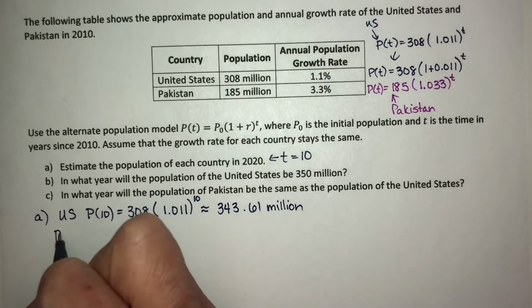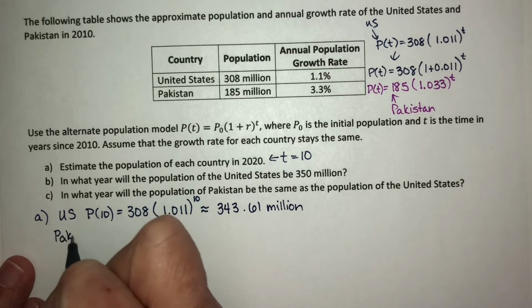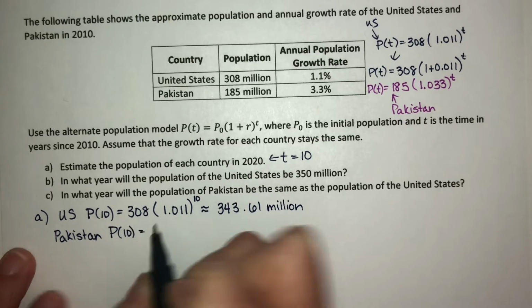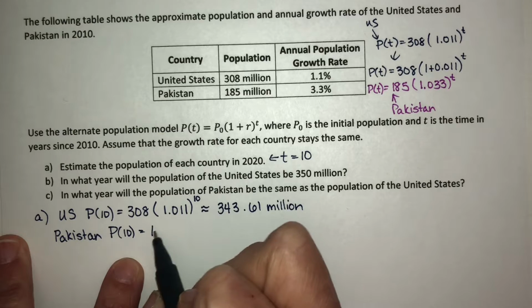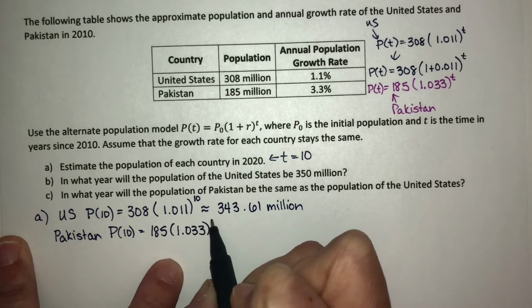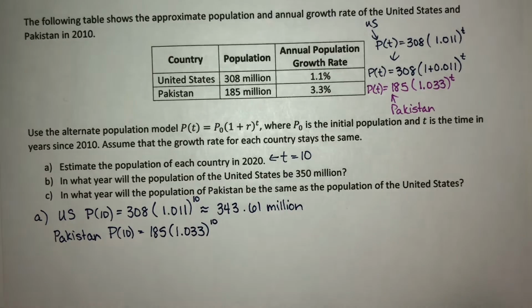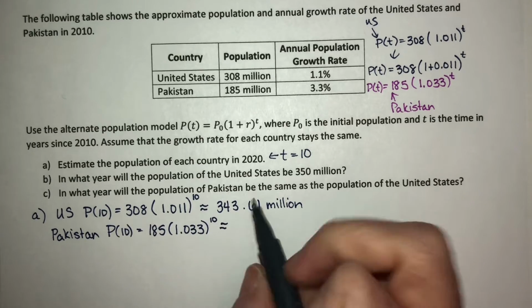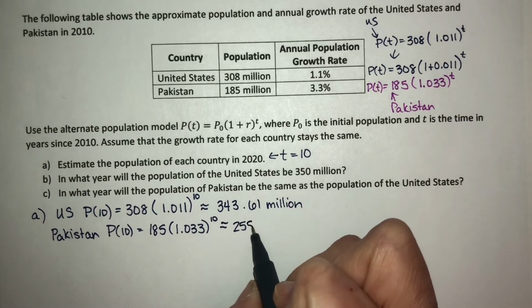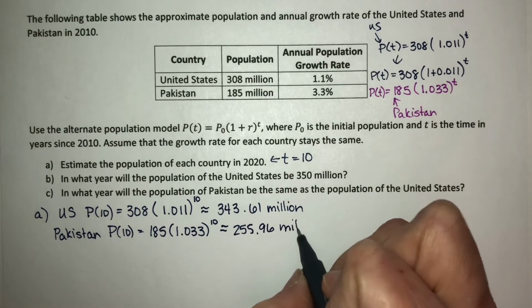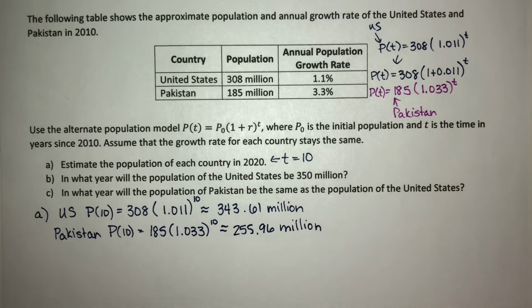Then for Pakistan, if I find P of 10 using its equation, I will have 185 times 1.033 to the 10. Go to your calculators, and you get an approximation of 255.96 million. So that's part A.